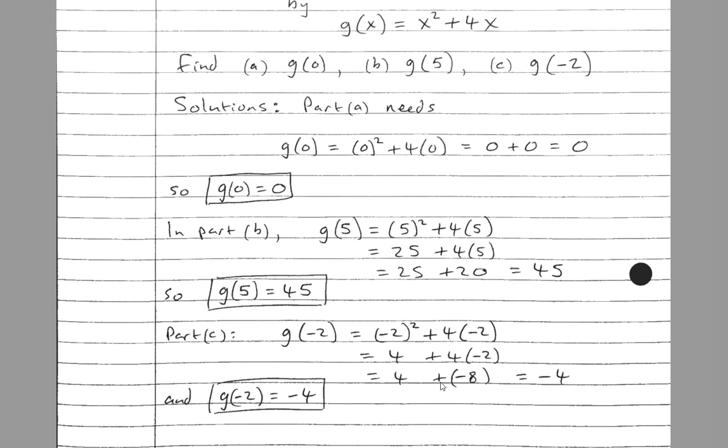So we have 4 plus negative 8. Adding two signed numbers with different signs, subtract the magnitudes. 8 minus 4 is 4. Use the sign of the bigger number. So we need a negative 4. And that's the output. So negative 4 came out. g of negative 2 is equal to negative 4.